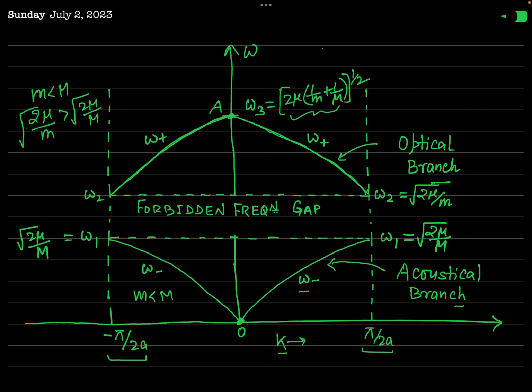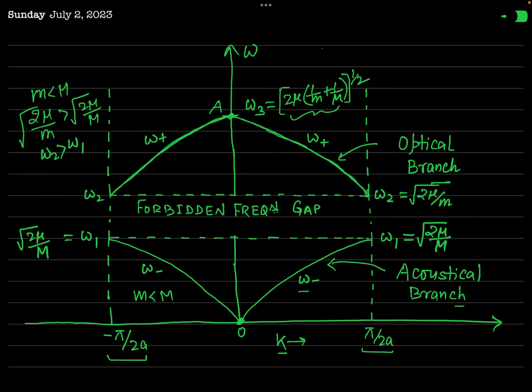Okay, and so you can see the highest value of the frequency of the acoustical branch, that is omega 1, and the lowest frequency of the optical branch are not the same. This omega 2 is greater than omega 1.